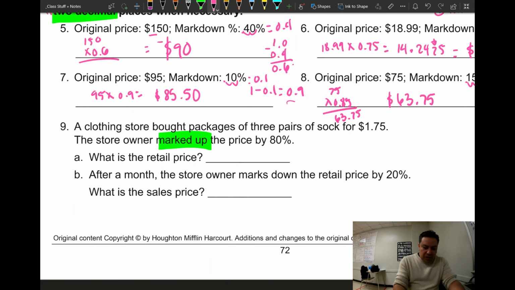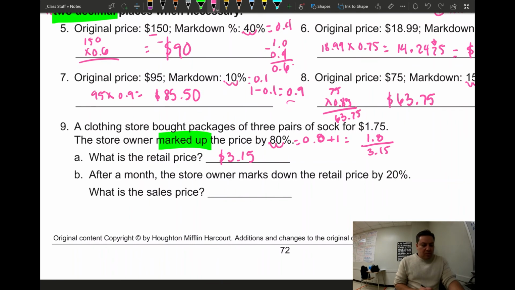So convert this to decimal. Like that. So we're going to add 1. So we're going to multiply it by 1.8. 1.75 times 1.8 gives me $3.15. So that's my new retail price, $3.15.